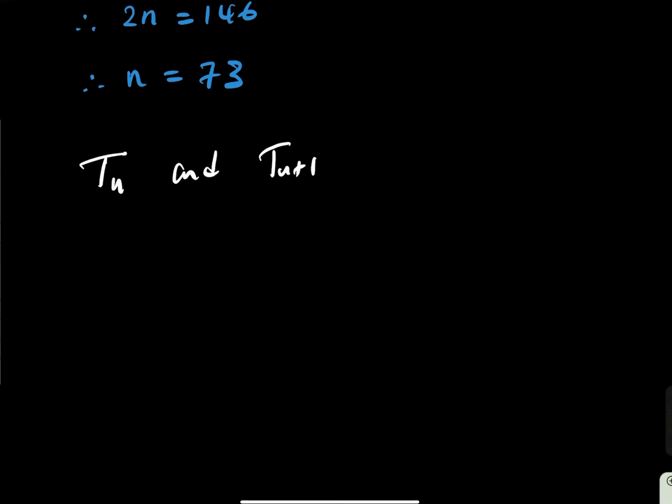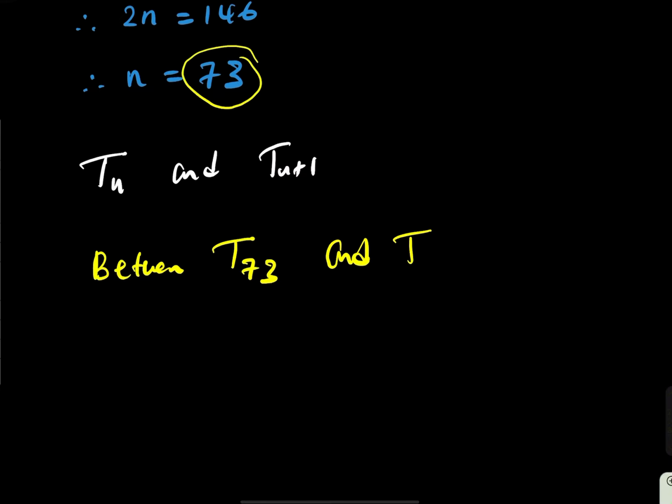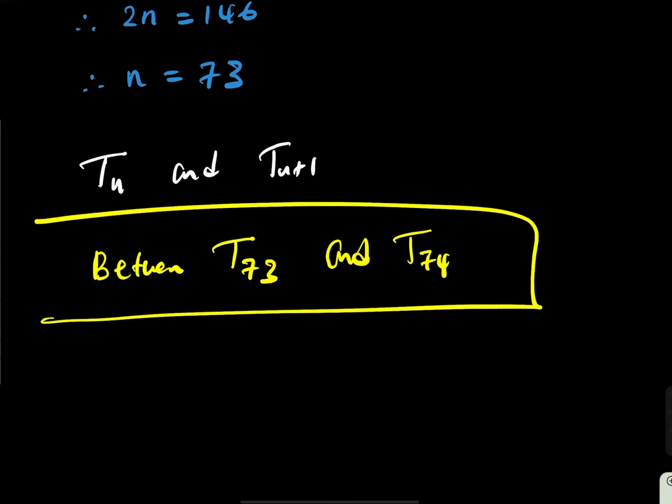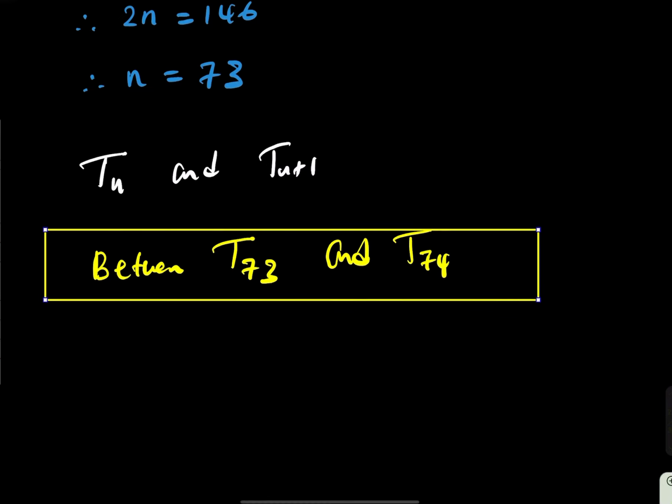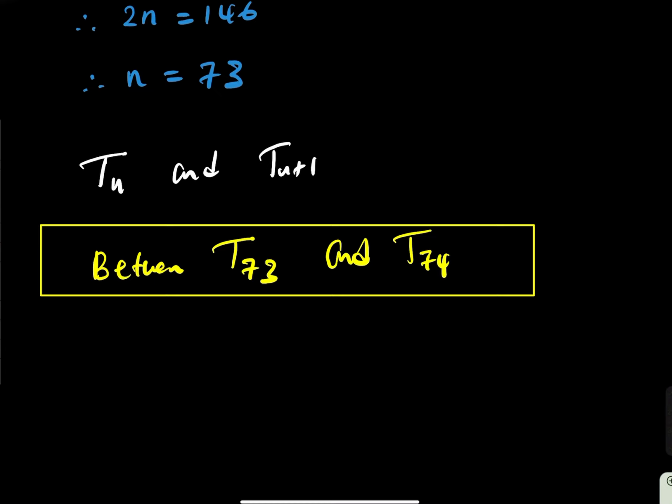But your n is 73, so you're going to try T73 and Tn plus 1. So it's 73 plus 1, that is T74. This is how you should answer your questions on that one.